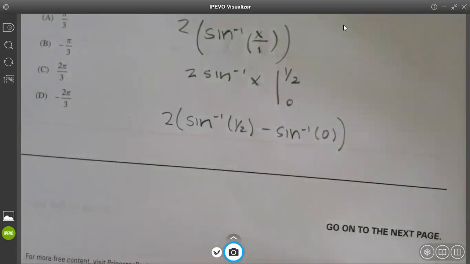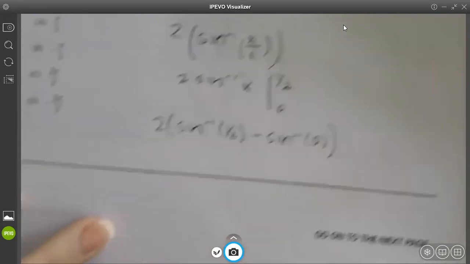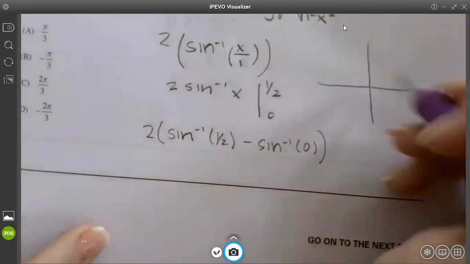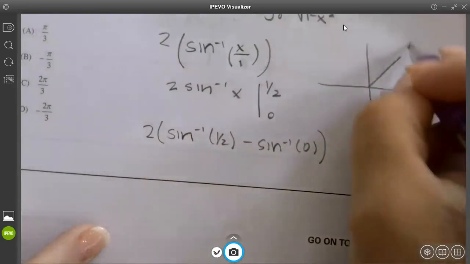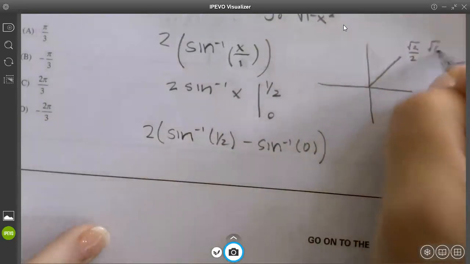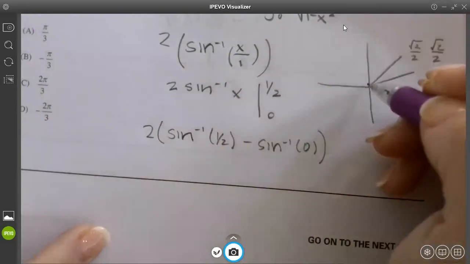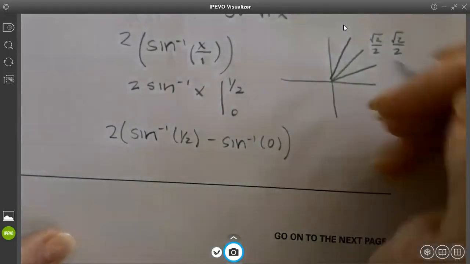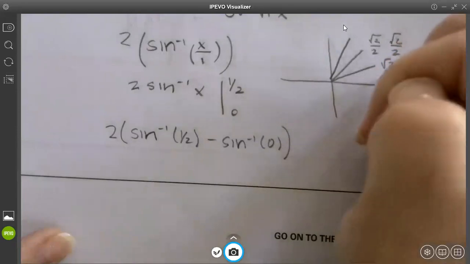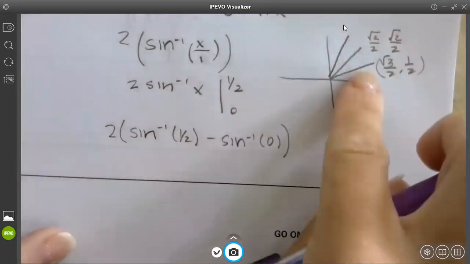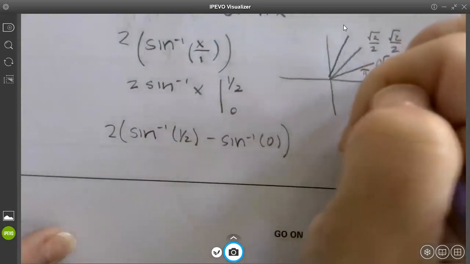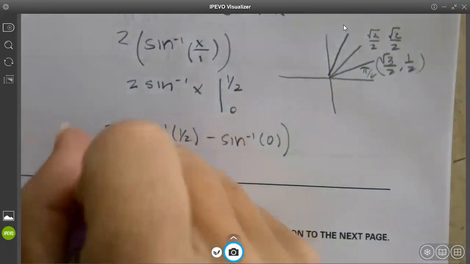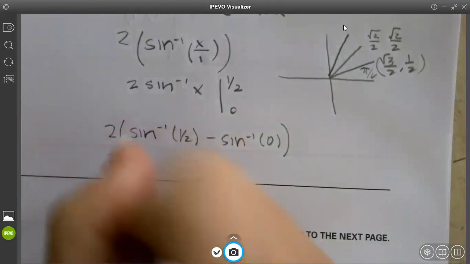Where is the y coordinate? 1/2, positive 1/2. 45 was square root of 2 over 2, square root of 2 over 2. We have one below and one above. And what is this one? 5 or 6. Perfect. You have to know the unit circle, guys. You have to. So this is 2 times pi over 6.